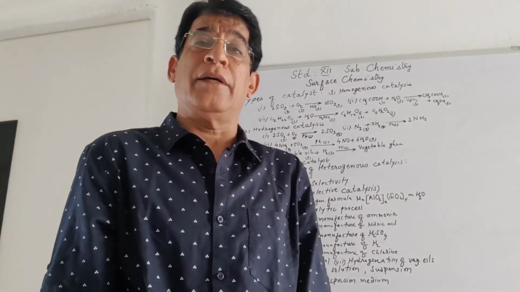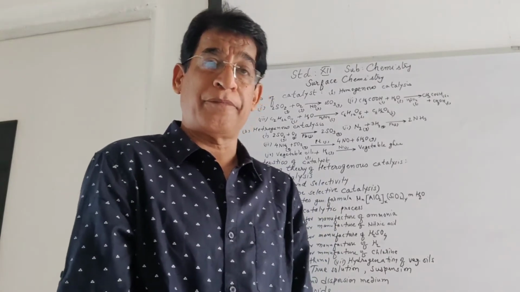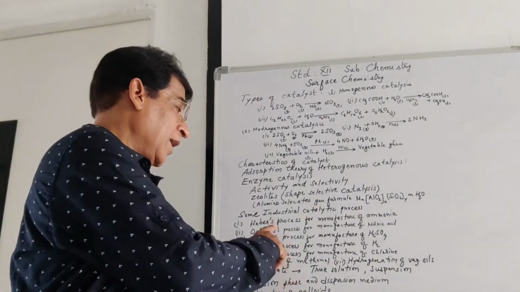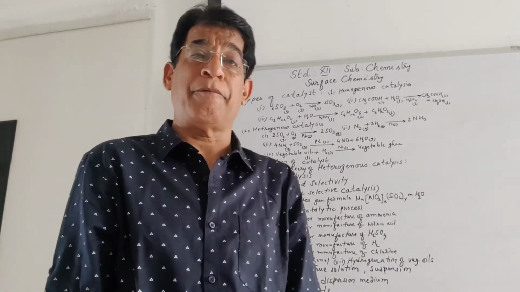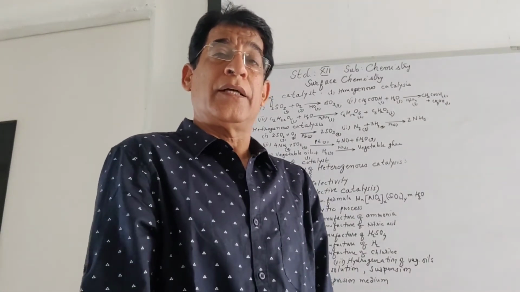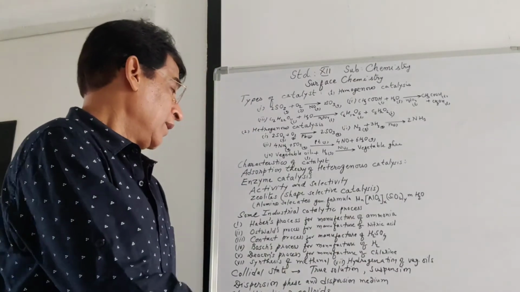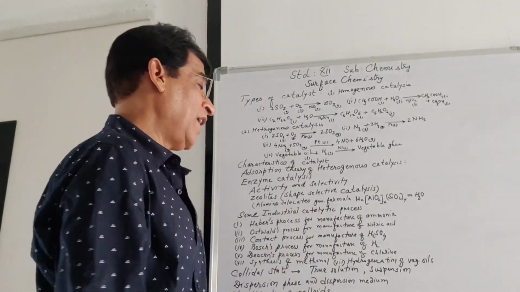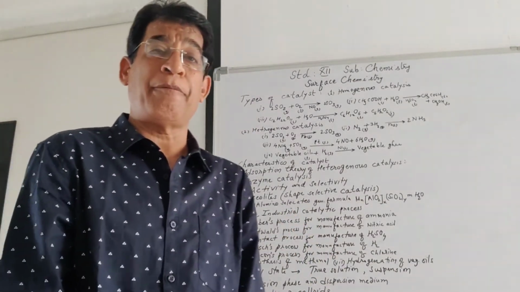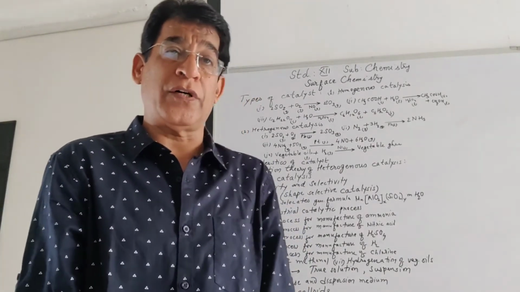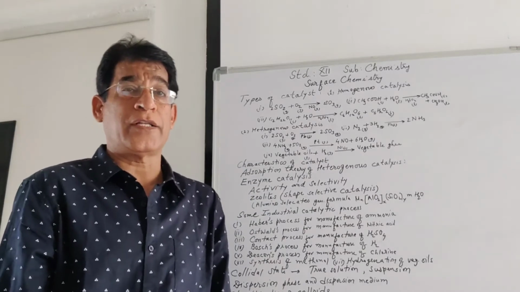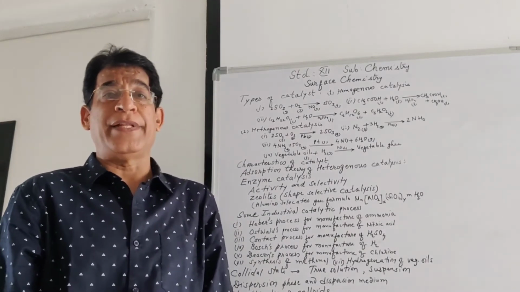Catalysts used in industries. Haber's process is used for manufacture of ammonia. Second, Ostwald's process for the manufacture of nitric acid.